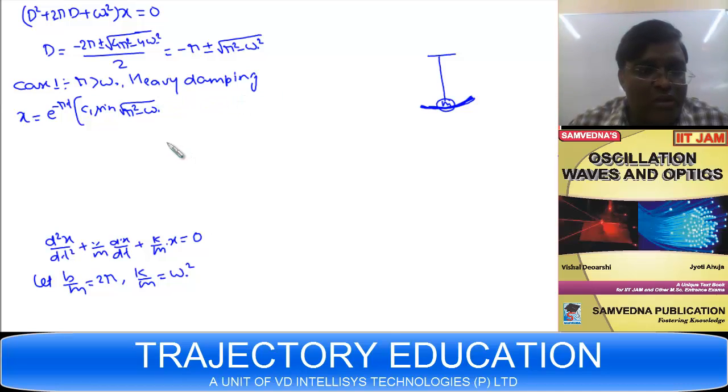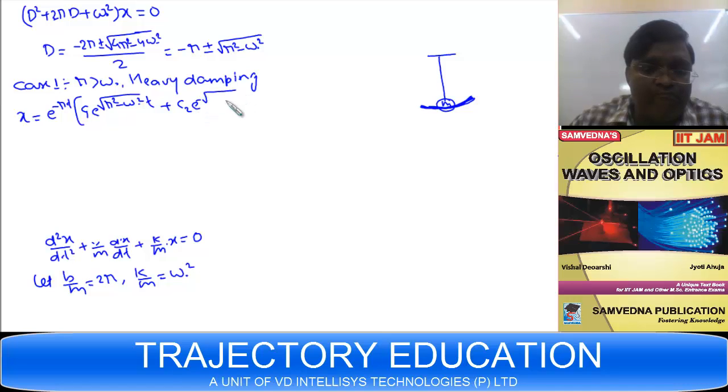This is C1 e to the power of the first root t plus C2 e to the power of the second root t. So you find that it is non-oscillatory, it's a non-periodic function.